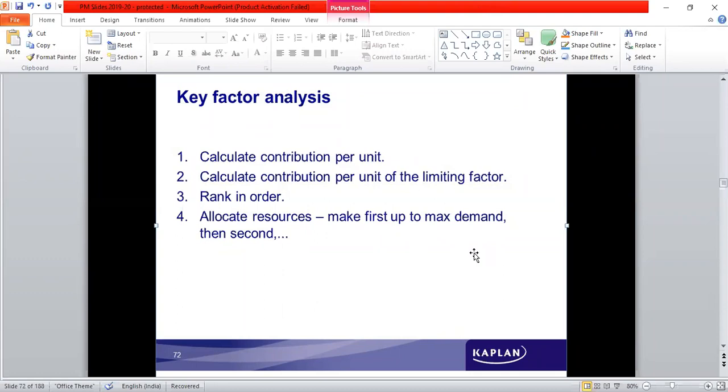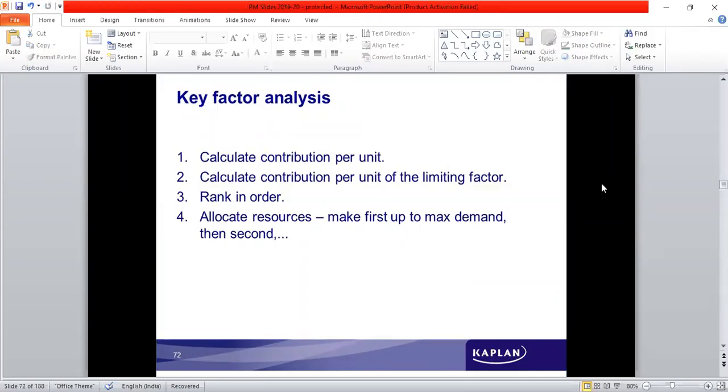We find out the contribution margin, then the contribution margin per unit of the limiting factor, and then take the decision. The same thing is applied there with a change: we do not call it contribution, we call it throughput. What that change is, we will see in the next class.